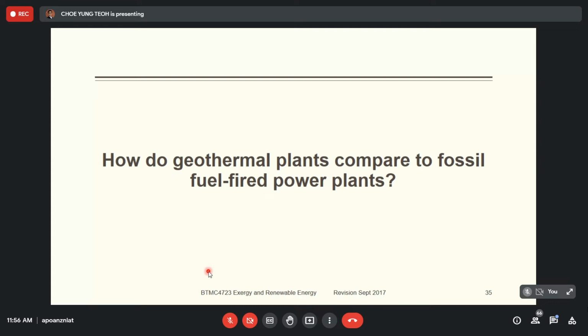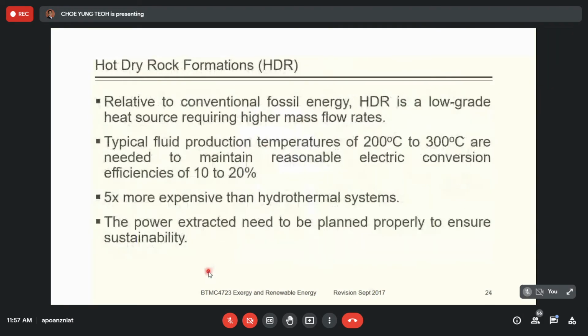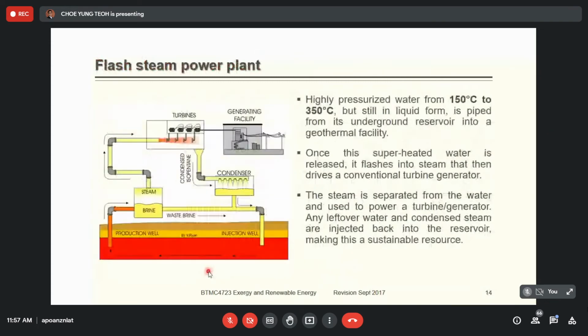Okay, and what else about this? Okay, but of course, not all geothermal power plants will release emissions. Maybe if you look at the four types of power plant over here, we have four types. We start from flash.